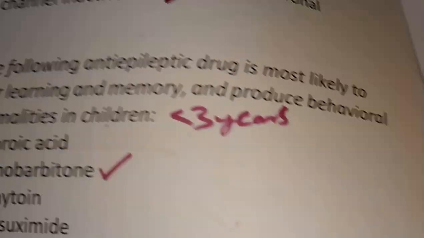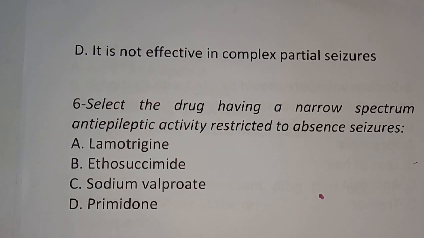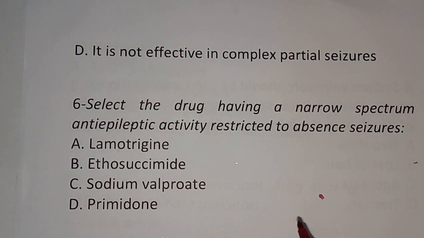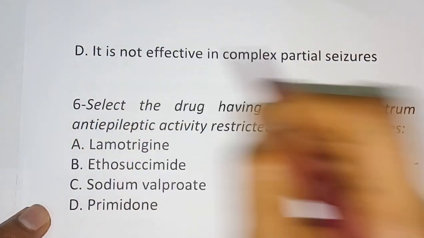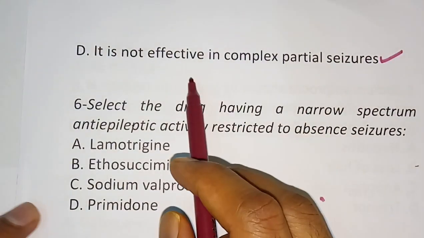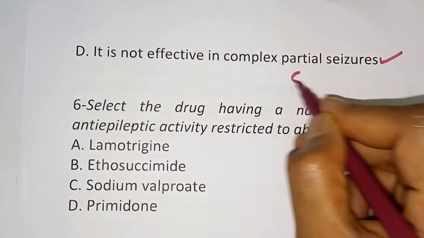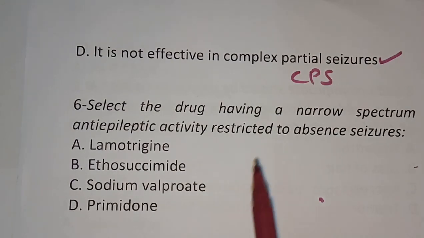Option D, it is not effective in complex partial seizure. The correct answer for which is not true regarding carbamazepine is option D. Actually, carbamazepine is effective in case of complex partial seizure, CPS.